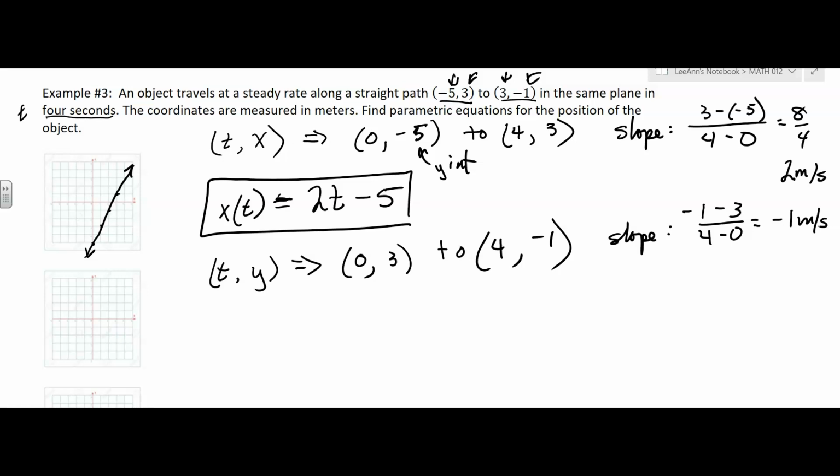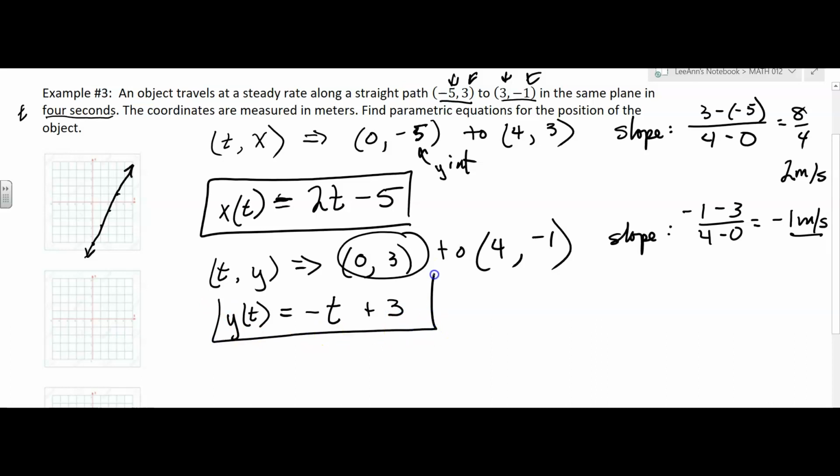Now we write the parametric equation. It's linear, so y of t is going to be this slope, -1t, and then you also know the y-intercept, so plus 3. That would be the other parametric equation. So comparing, I didn't label my axes. This should be x and this should be t, because that parametric equation is matching to that graph.